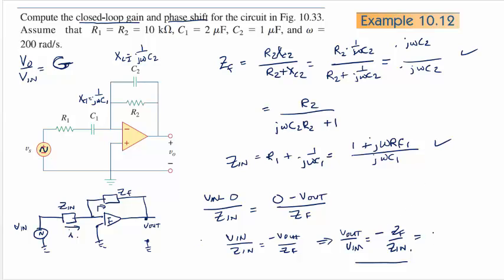That equals the gain. So the gain equals, when you plug it in, you have an ugly equation: minus J omega C1 R2 over, and then you have these two terms in the denominator, 1 plus J omega R1 C1 and 1 plus J omega R2 C2.